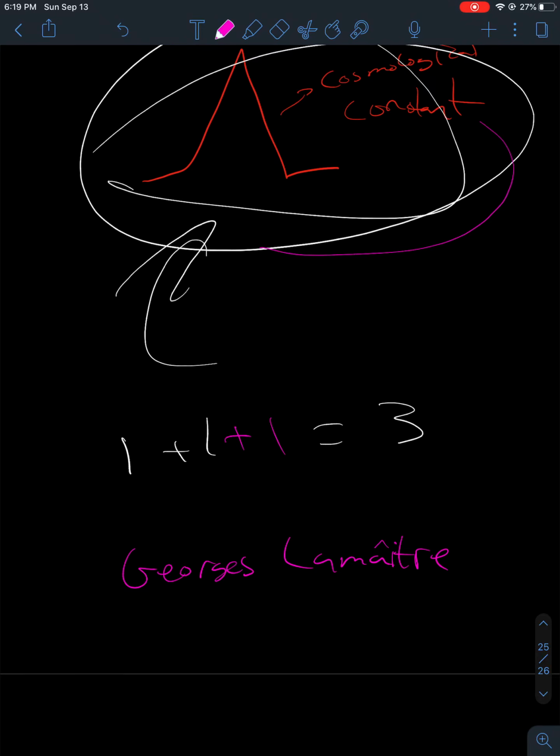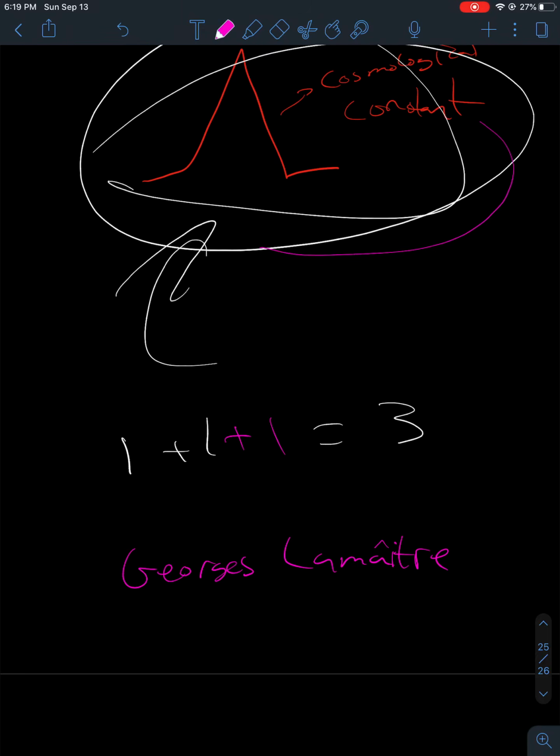Well, that doesn't make any sense. But he found out that if you rewind the clock, all of space was compacted into kind of one point-ish. So that's just the Big Bang, space expanding. So he discovered the Big Bang by just showing that Einstein's first equation form was correct.